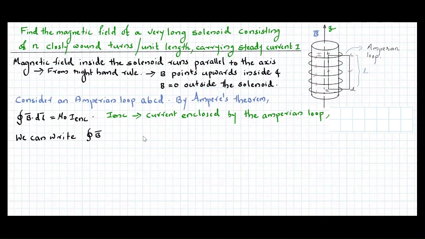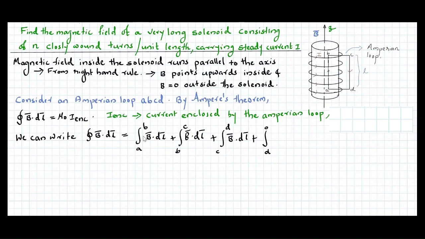Closed integral B dot dl can be written as integral a to b B dot dl plus integral b to c B dot dl plus integral c to d B dot dl plus integral d to a B dot dl.